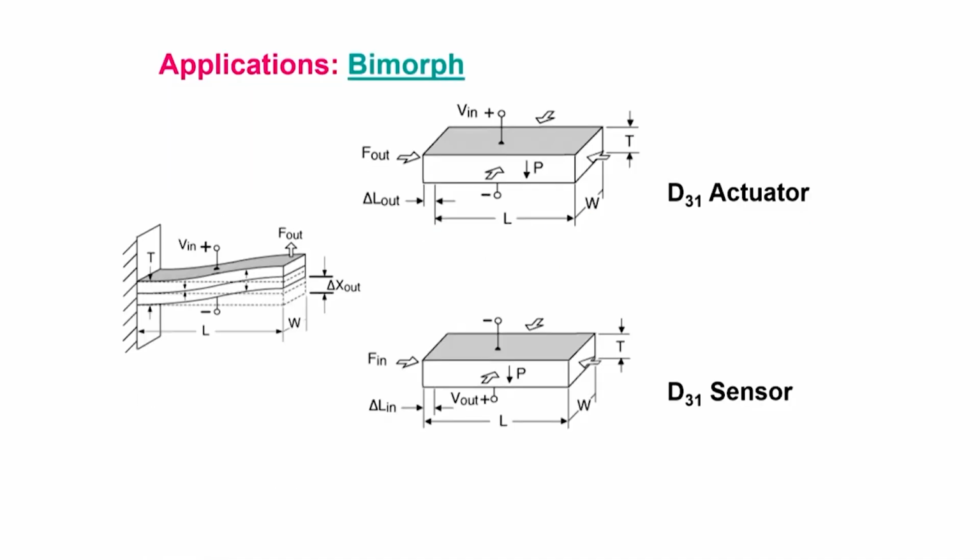Now, in this direct effect, the piezoelectric material can be used as a bimorph, which can sense the change of deformation in the system, and we can get it as a D31 sensor. As I told you, every piezoelectric material can be used as a sensor as well as an actuator, but in this case we are using it as a sensor to sense the change of force and then get it in terms of voltage.